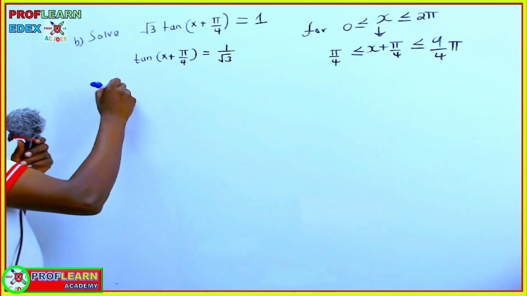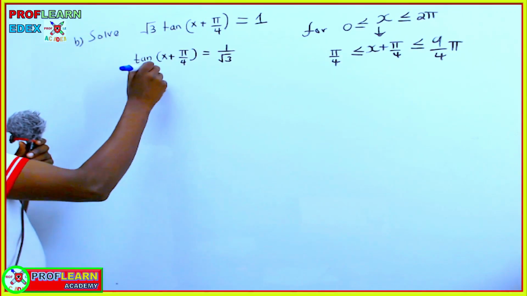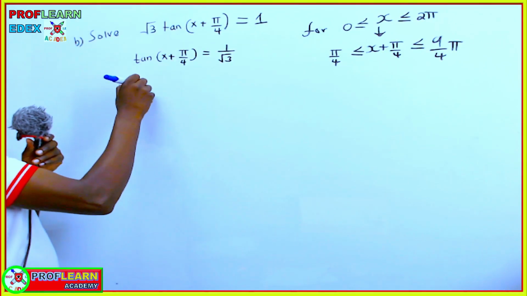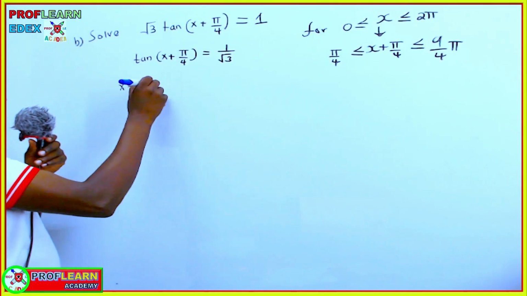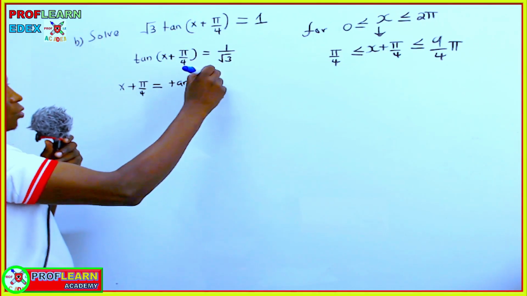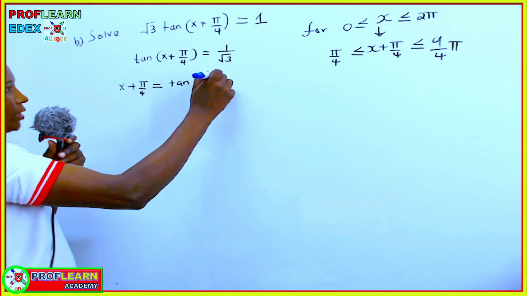Now if I want to solve this, I can say x plus pi over 4 equals tan inverse of 1 over root 3.